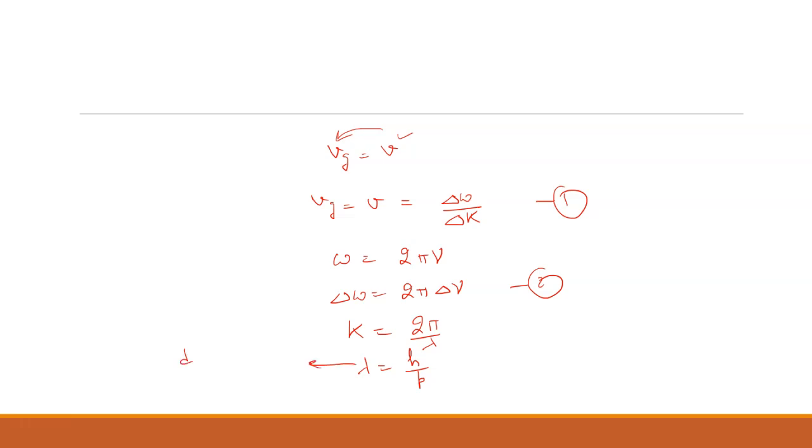Please see my earlier video lecture on quantum mechanics, de Broglie wavelength. Lambda equals h by p. Now putting this value in the equation of k, we get k equals 2 pi p by h, or delta k equals 2 pi delta p by h. Equation number 3.